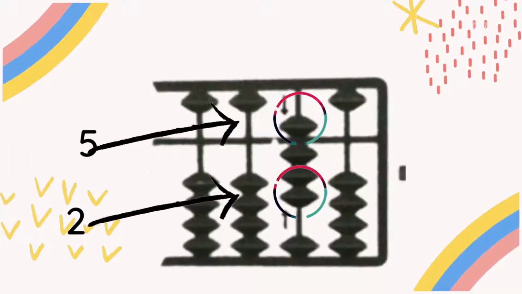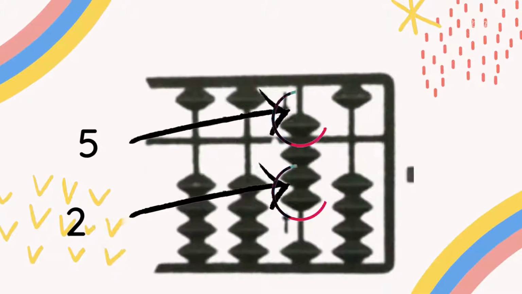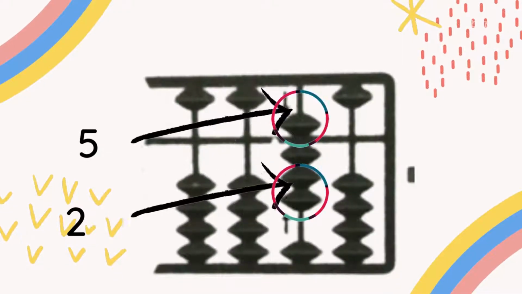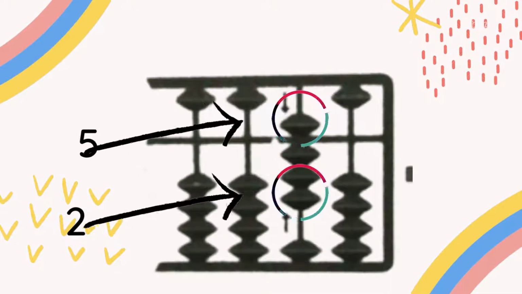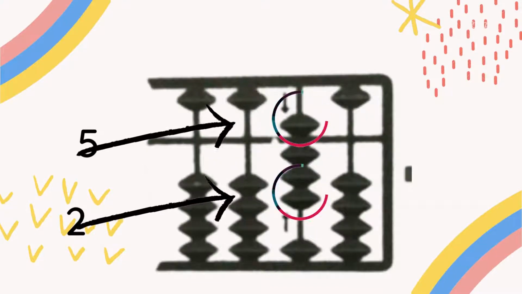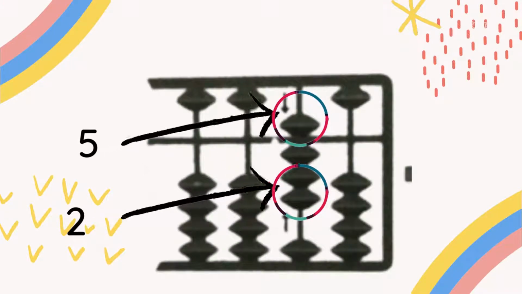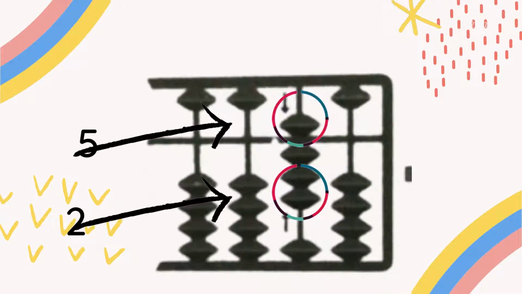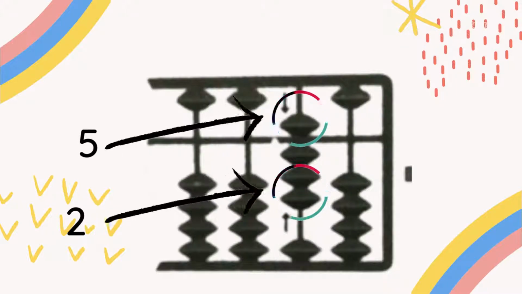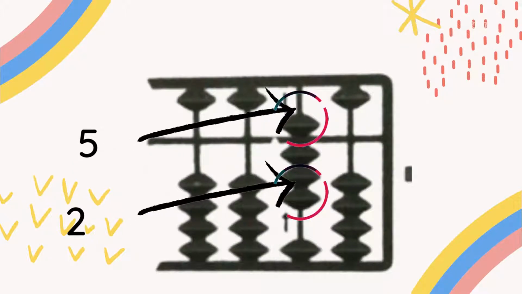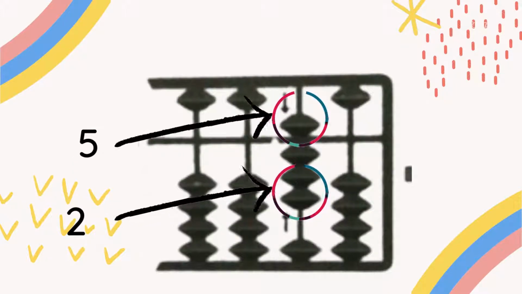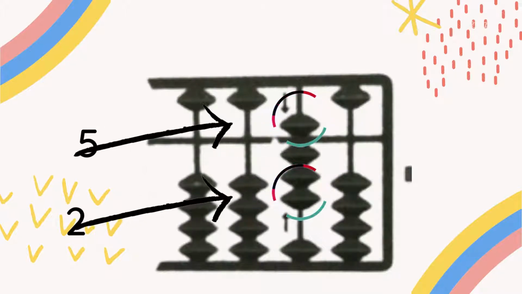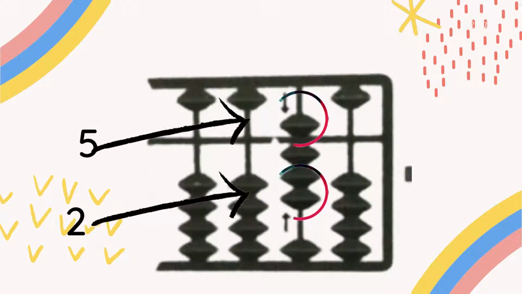So we move to the next picture. This picture shows 2 arrows from the top and another one from the bottom. One bead from the top is brought down to the middle. The bead from the top has the value of 5 when it is brought to the middle.